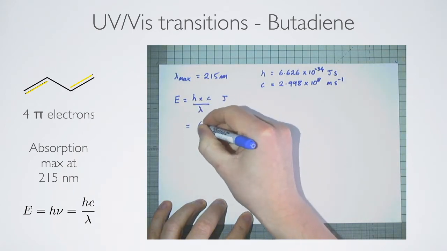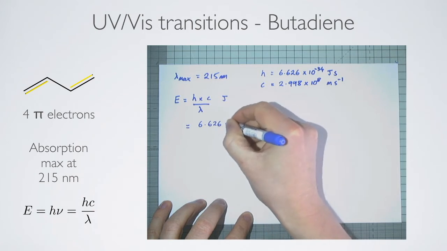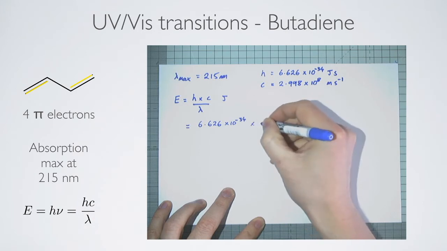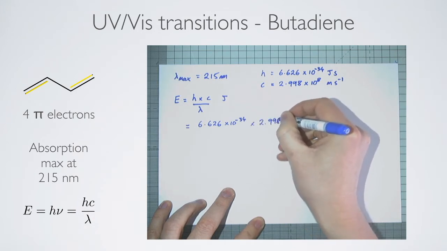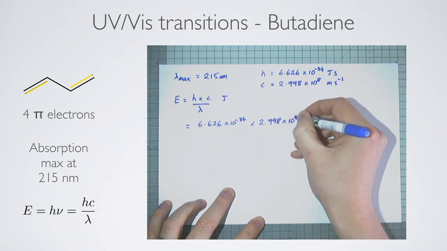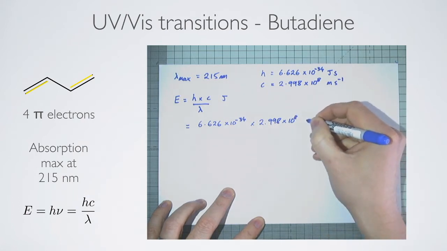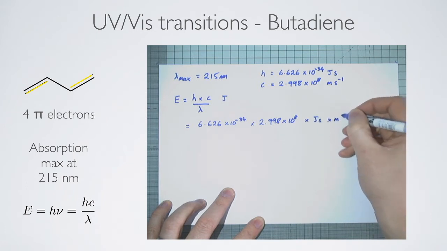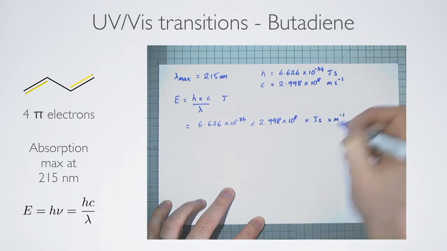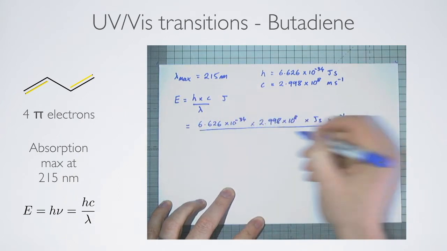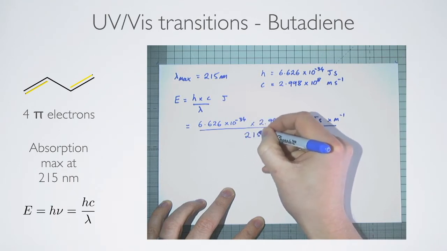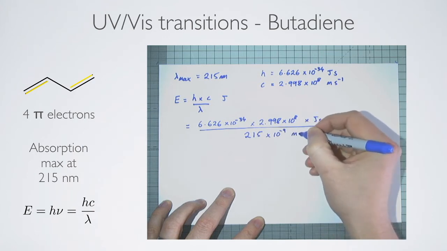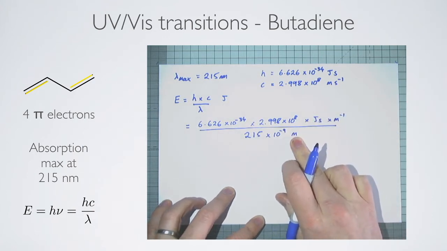So this is equal to 6.626 times 10 to the power minus 34 times 2.998 times 10 to the power 8. Now we mustn't forget the units, joule seconds times meters per second. We then divide this by our wavelength, 215 times 10 to the minus 9 meters. So this times 10 to the minus 9 meters is the same as a nanometer.